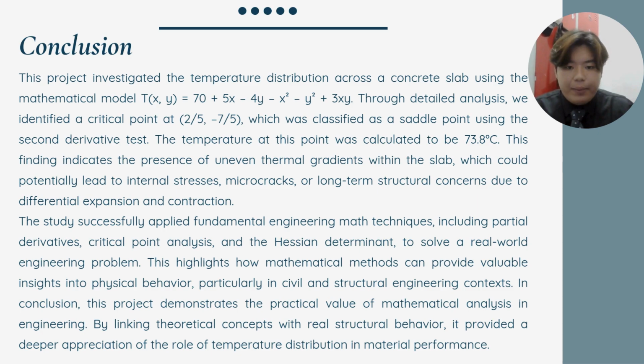This highlights how mathematical methods can provide valuable insights into physical behavior, particularly in civil and structural engineering contexts. In conclusion, this project demonstrates the practical value of mathematical analysis in engineering by linking theoretical concepts with real structural behavior. It provides a deeper appreciation of the role of temperature distribution in material performance.